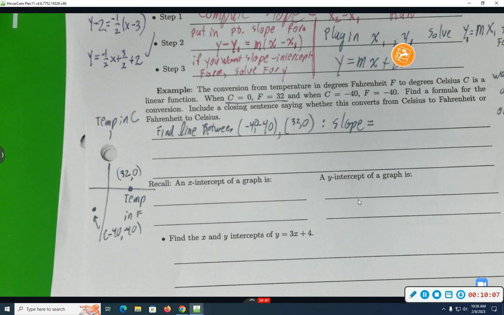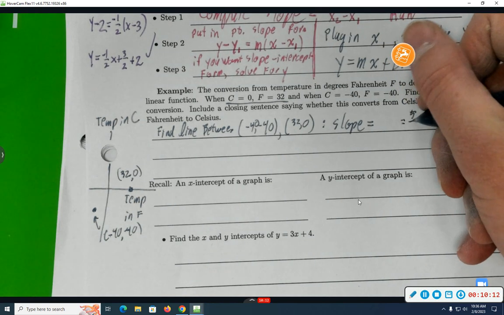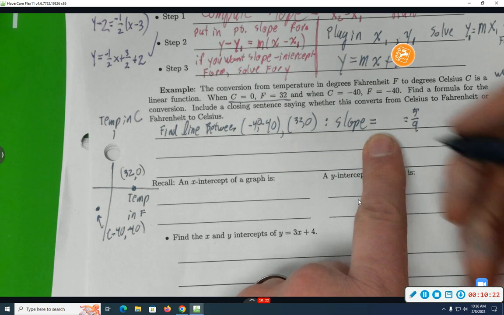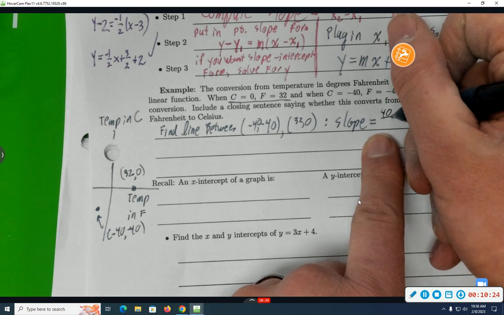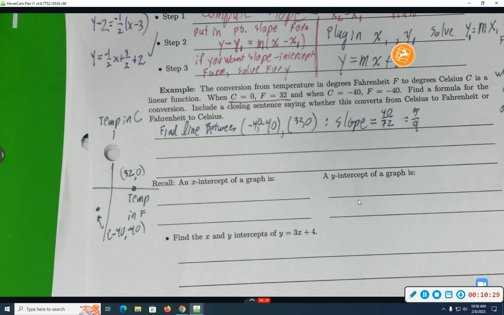I hear a 5/9. Excellent. And I'll plot that as 5/9 because that's not something that'll have a terminating decimal expansion anyway, so I'll never get perfect precision if I use a decimal. 5/9, and I guess it was 40/72 that gives that. Anyone want that discussed in more detail? Just the slope. All right.